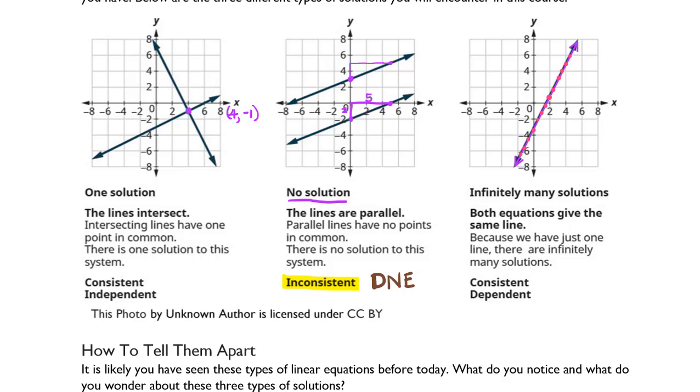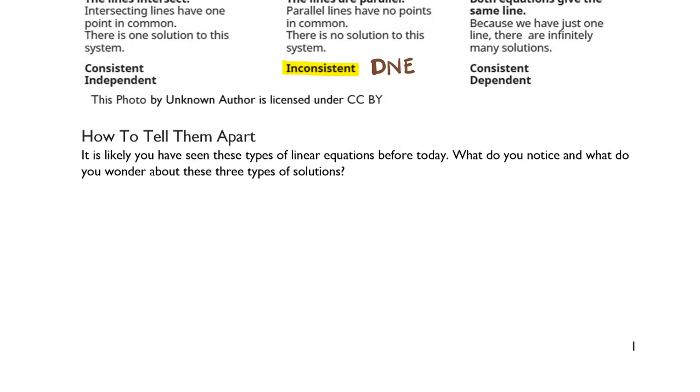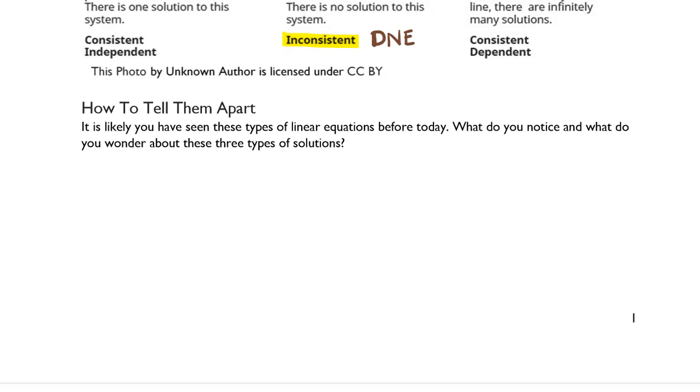So you'll want to take a few minutes to write down any notes, any observations, anything that you've noticed from these three examples. It would also be a perfect time for you to think about what you still wonder about these three different types of solutions.